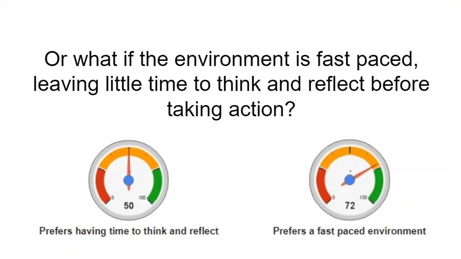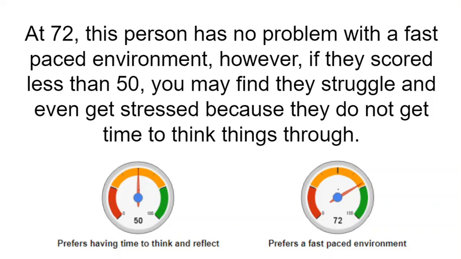Or if we take another example, what if the environment is actually fast-paced, where it leaves little time to think and reflect before taking action? Well, if you look at this example here, at 72, this person has no real problem with a fast-paced environment. In fact, they would be fine in that environment. However, again, if they scored, say, less than 50, it's not that they couldn't do it, but they may struggle, and they may even get stressed because they just don't get enough time to think things through.